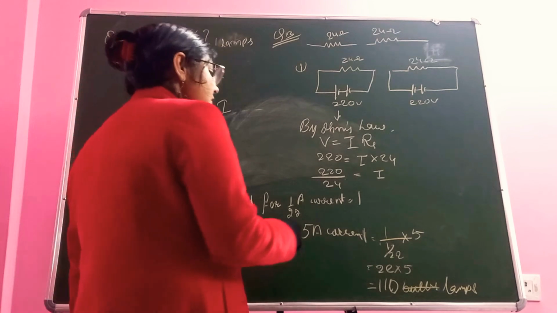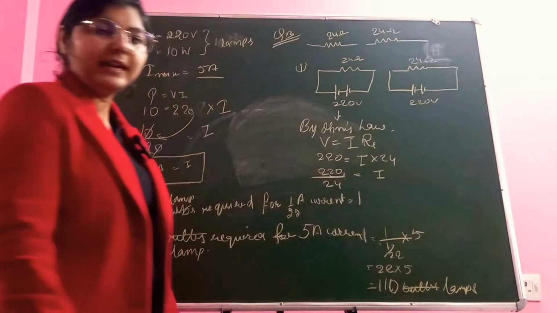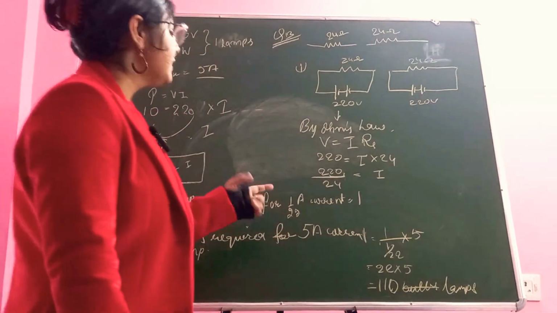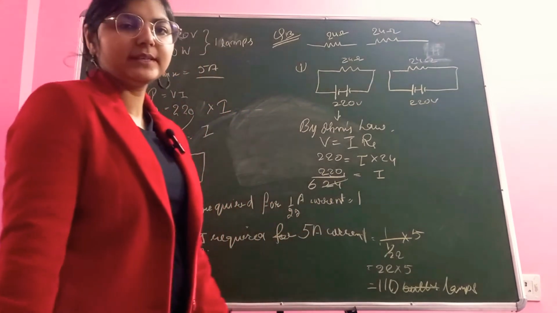Here the last two digits are 20. So 20 comes in the table of 4, 4 5s are 20, so it will be cancelled by 4. And 24, we already know that 4 6s are 24.